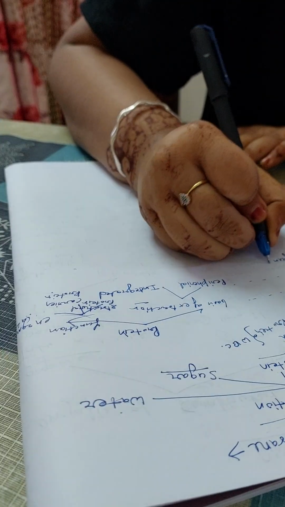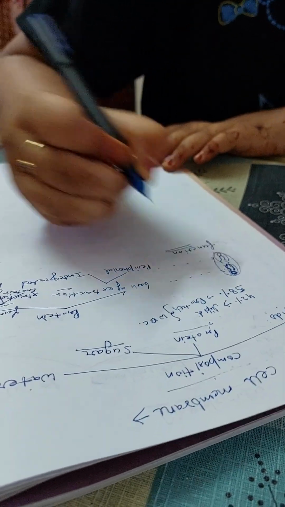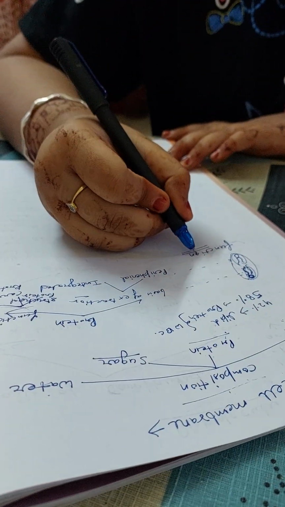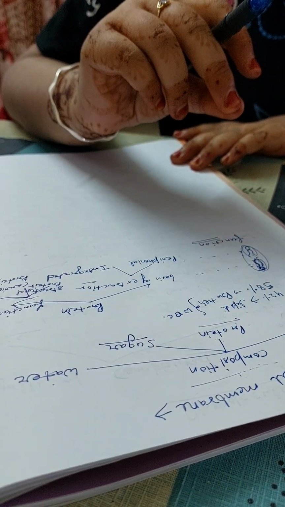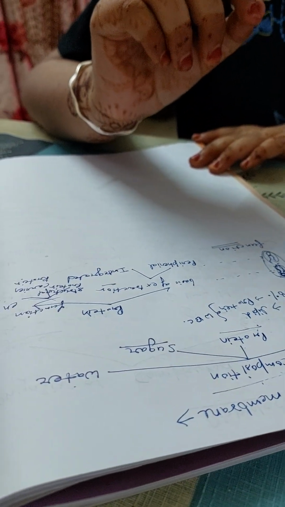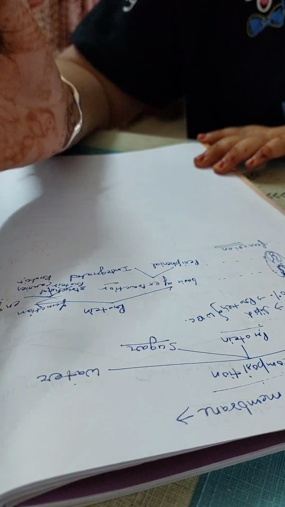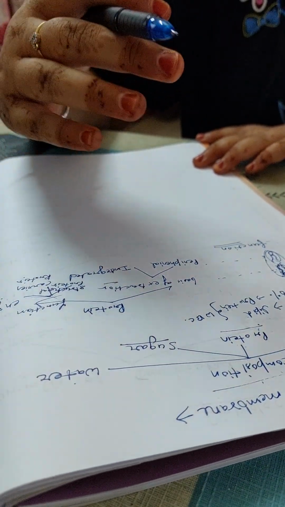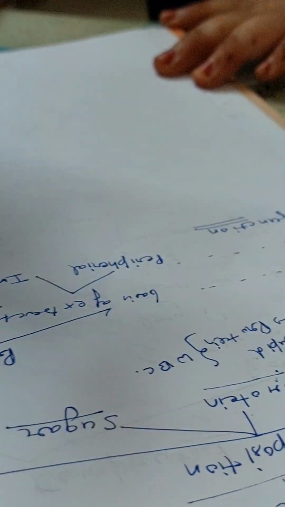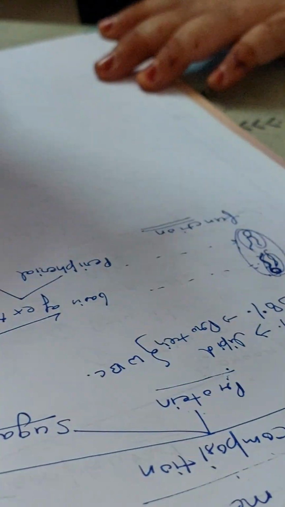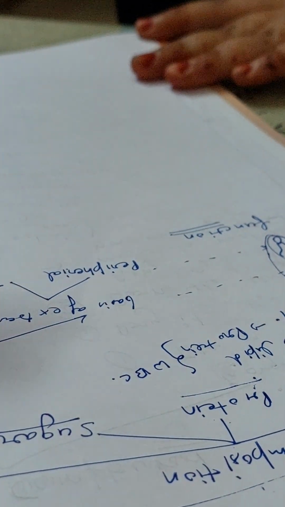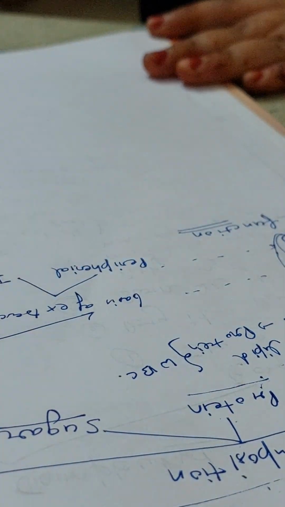Now the function of the cell membrane. The cell membrane ensures that fluidity is maintained and the cytoplasm cannot flow out.